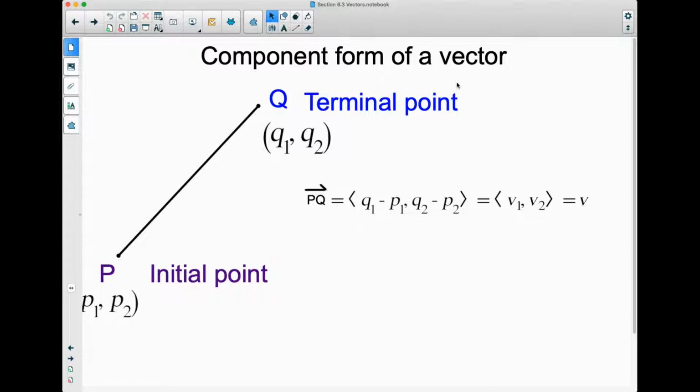So you take your terminal minus initial for your x, terminal minus your initial for your y, and then you have your component form of a vector.